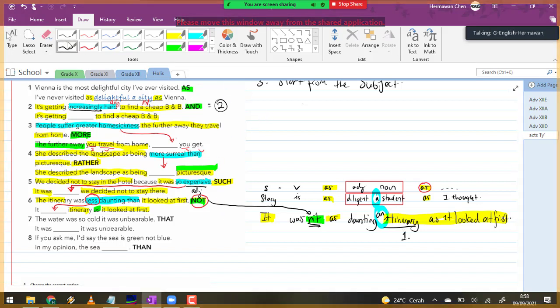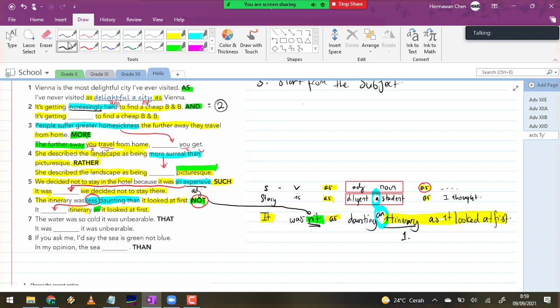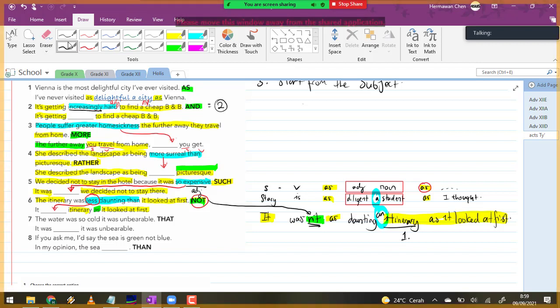Take your time to analyze. It has been given. Less daunting has to be put in the blank. Less is negative, it becomes not. The verb is missing. You have to put not along with the verb. It wasn't.